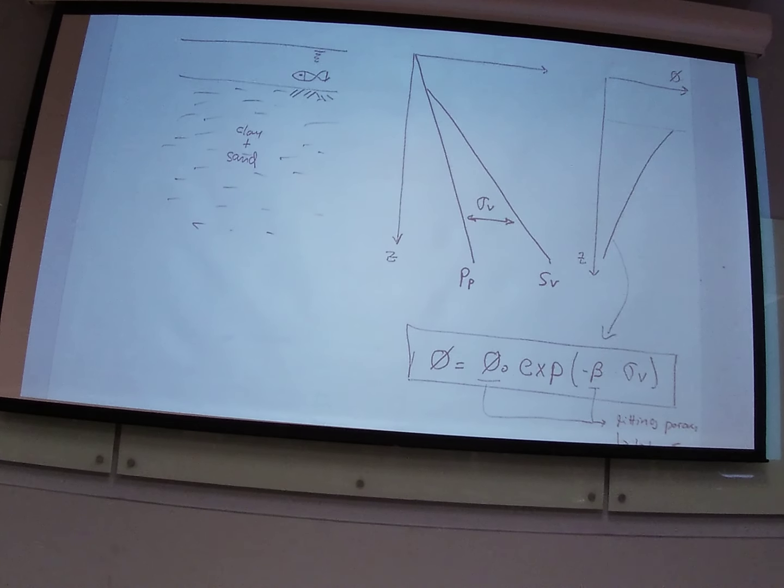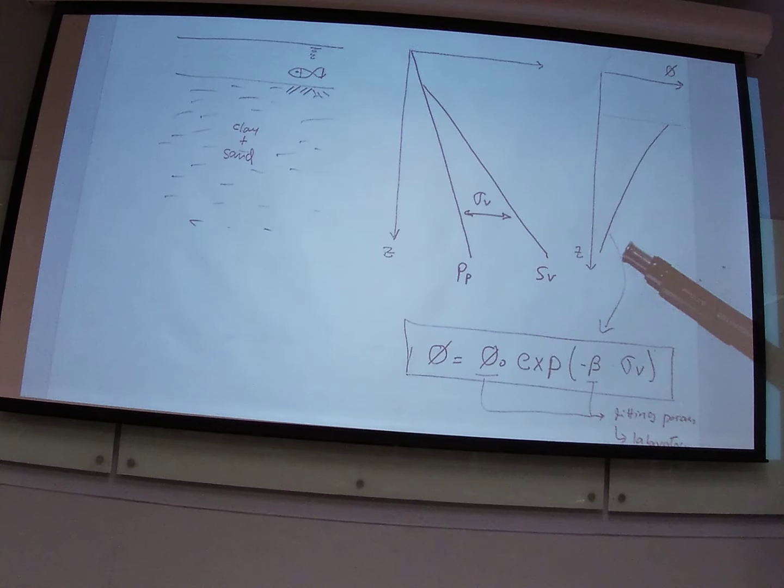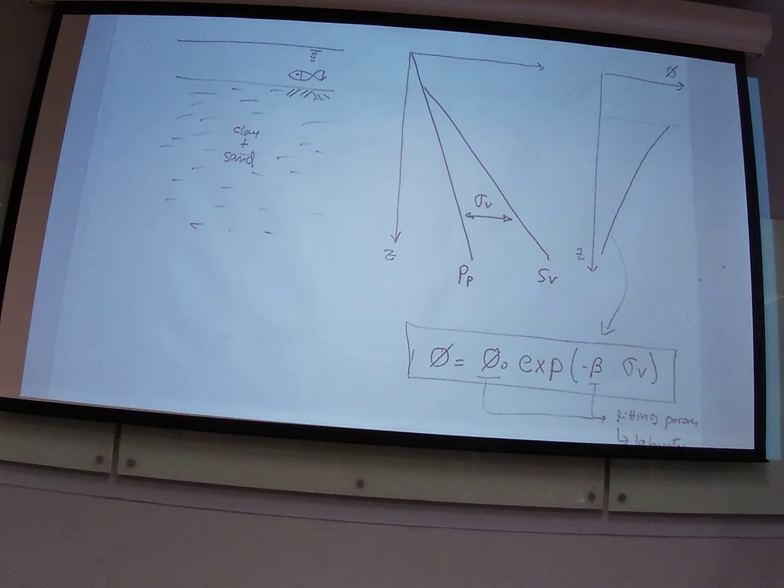So if you have a known material and you take it to the laboratory and you make this curve, you should be in a good position to tell what is the porosity expected at the given depth.